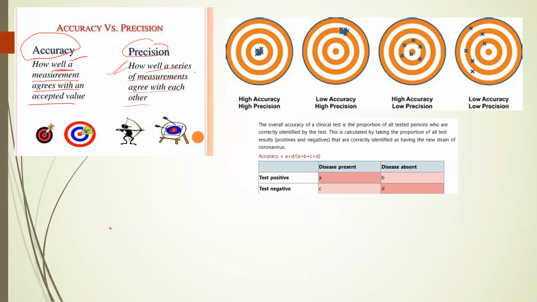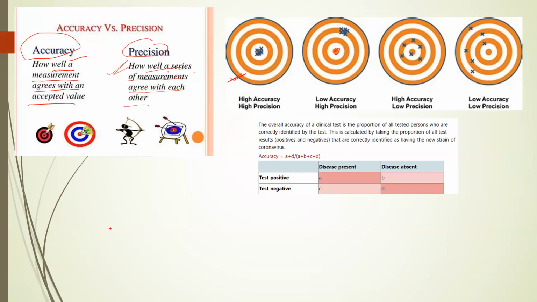Yes, ma'am. Okay. Now let's look at this target. And like we all know, this is the bullseye, and generally the bullseye is the accepted value. In the first picture, all the values are close to the target, to the bullseye.